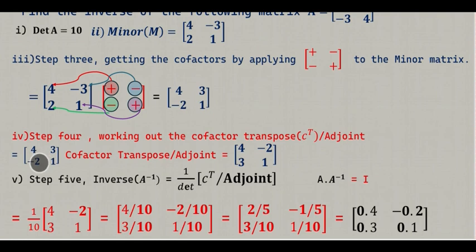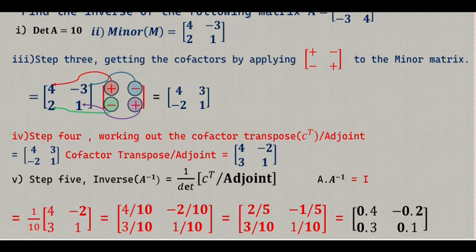So we write our cofactor here. So how do you get the transpose? By changing the columns into rows or rows into columns. So for our first row, which is 3, 4, 3, we write it going down as a column. And for our second row, -2, 1, again you write it as a column, -2, 1.